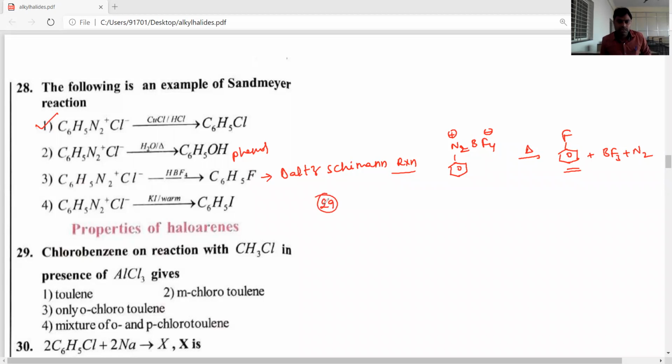The chlorobenzene treated with CH3Cl in the presence of AlCl3 means this reaction is nothing but Friedel-Crafts alkylation reaction. Okay, students. See the chlorobenzene.